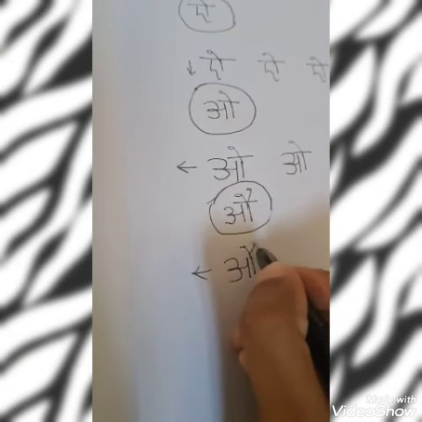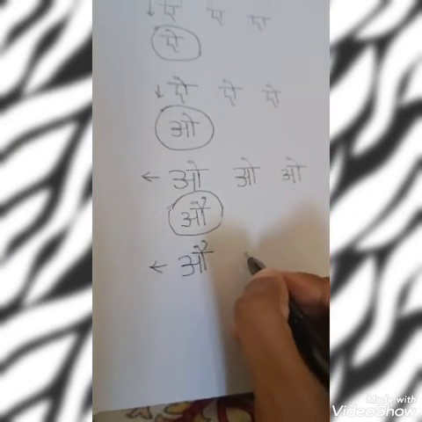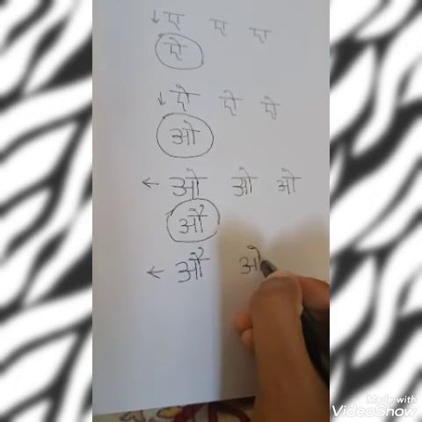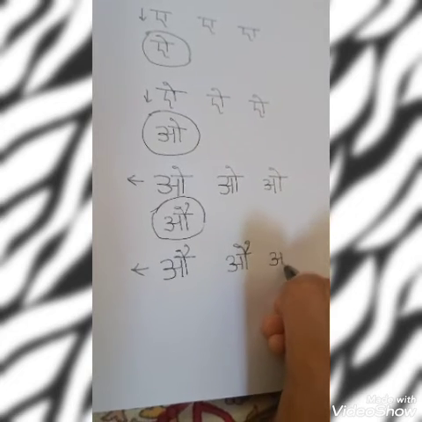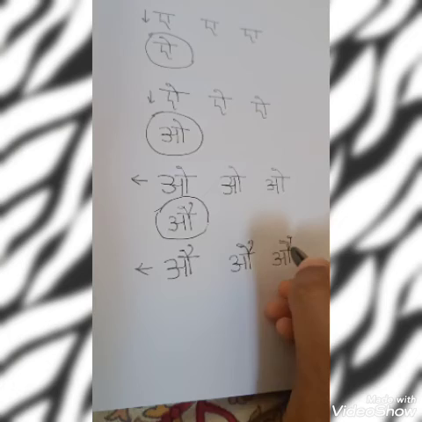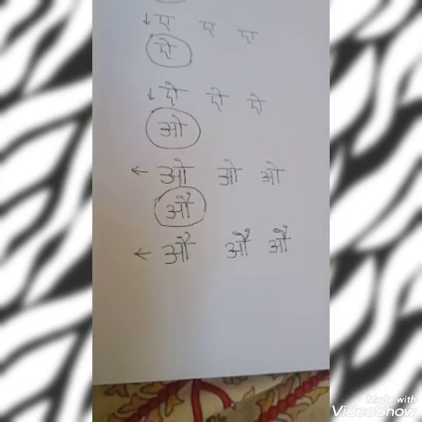That's it. The difference between O and ow is this one only. You can clearly observe here. No need to worry about explaining to the children. Because we give two slanting lines, the sound will come as ow.